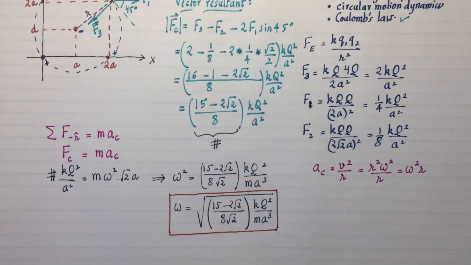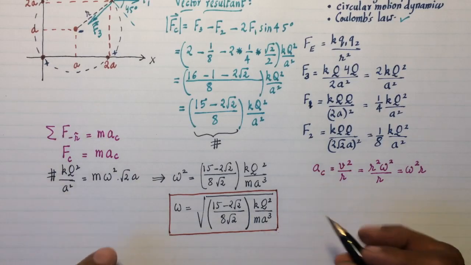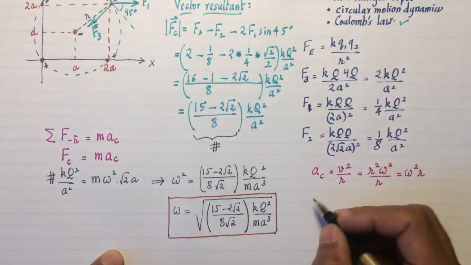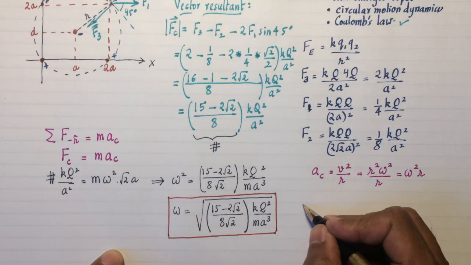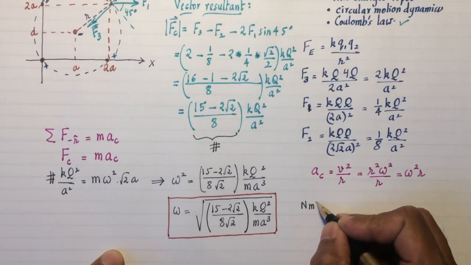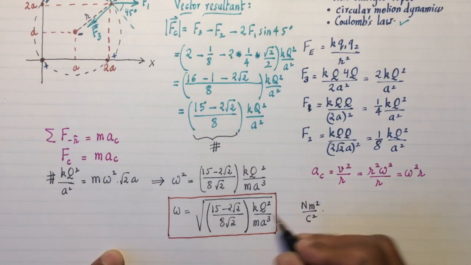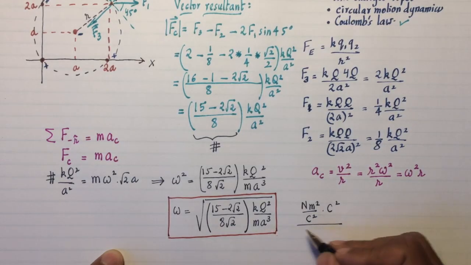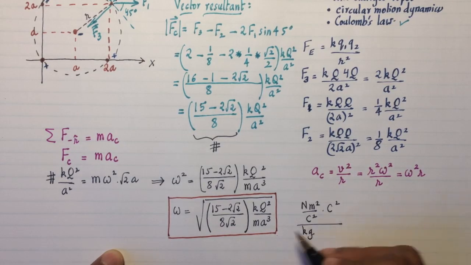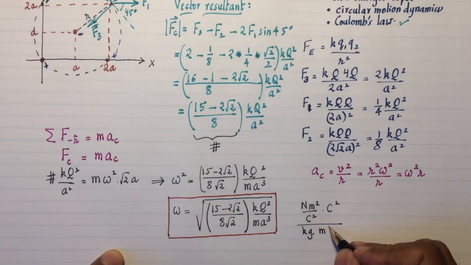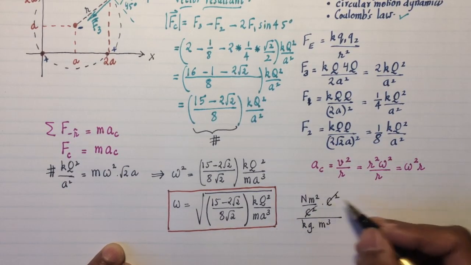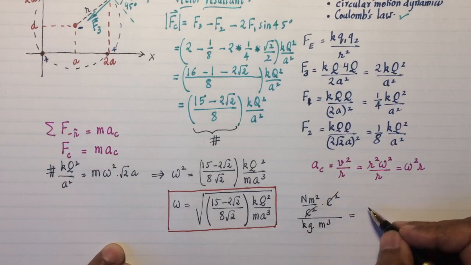The final thing you can do is to verify the units. Coulomb's constant K is Newton meter squared per Coulomb squared. Q squared is measured in Coulomb squared. Mass is measured in kg. And A is measured in meters, so it's meters cubed. Coulomb squared cancels out, so I get Newton meter squared.